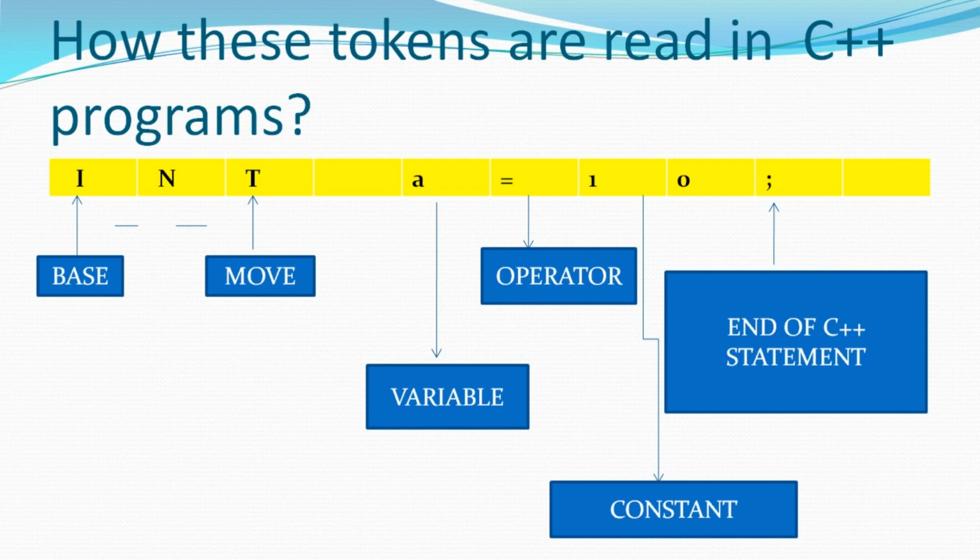This is the way a compiler reads the program and generates an error if there is an error. So if there is no blank space after int and there is a, then that means inta is simply a variable. That's not a keyword. That's why there is an importance of blank space, white space, in a C++ program.